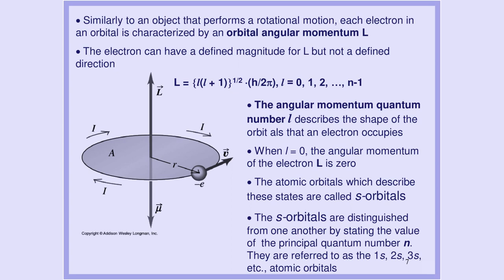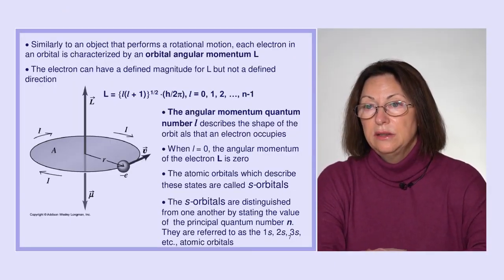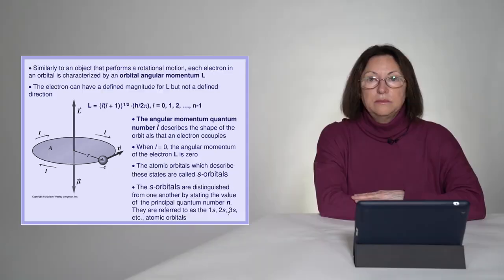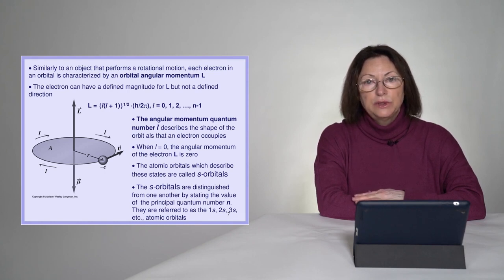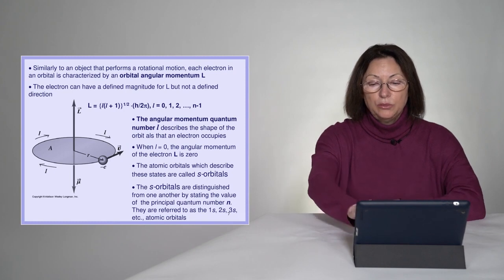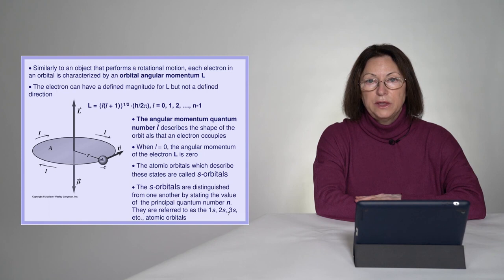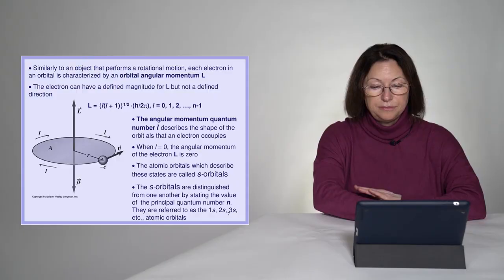So now we have recognized two quantum numbers. The first, the principal quantum number, is actually the number determining the energy amount of the electron in the atom, and the orbital quantum number determines the shape of the orbit of the electron in the atom.